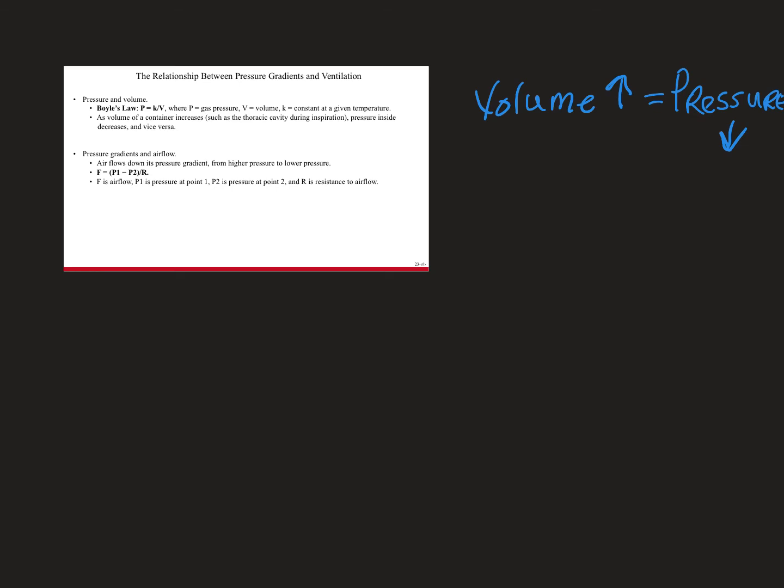Yes. So that would then mean that if volume goes down, then pressure would go up. Okay? This is the main premise that drives your respiratory system. Specifically, it's the main premise that drives ventilation.